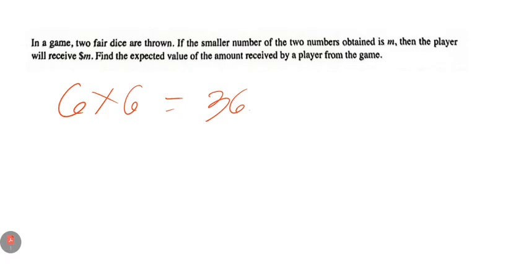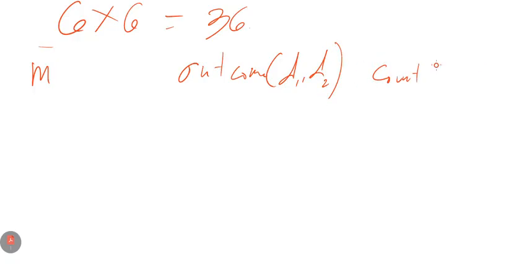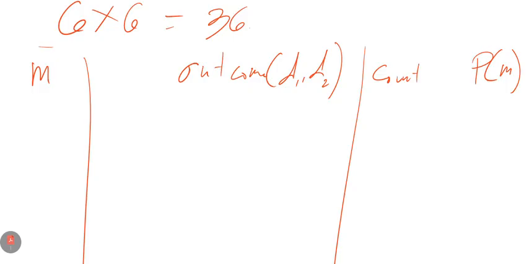First, we're going to determine how many outcomes out of 36 result in each M. Let's write a table with M, the outcome as dice one and dice two, and then the count and the probability of M. Those are the columns that we're going to follow.